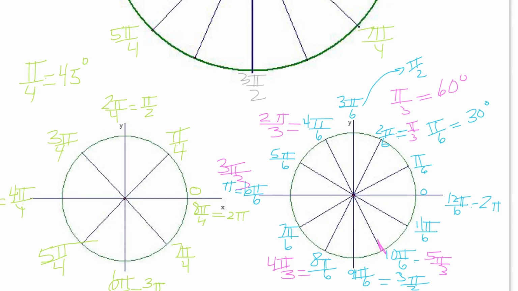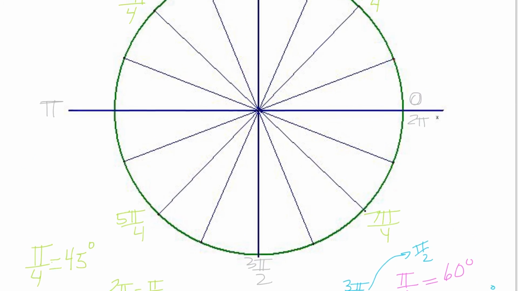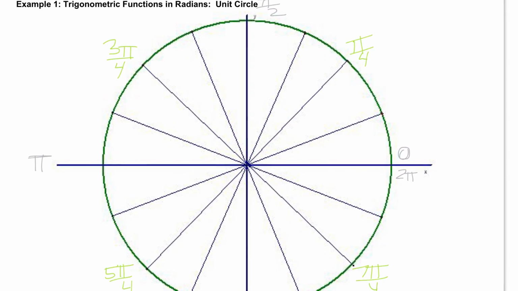So let's go ahead and put these in our unit circle up here on the top so you have a reference of what we're looking at. So in our first quadrant, we have pi over 6, and then we have pi over 3. And then in our second quadrant, we have 2 pi over 3 up here, and we have 5 pi over 6 here.